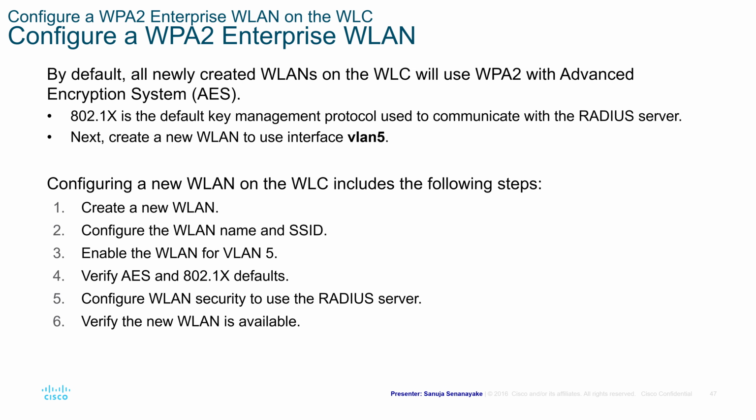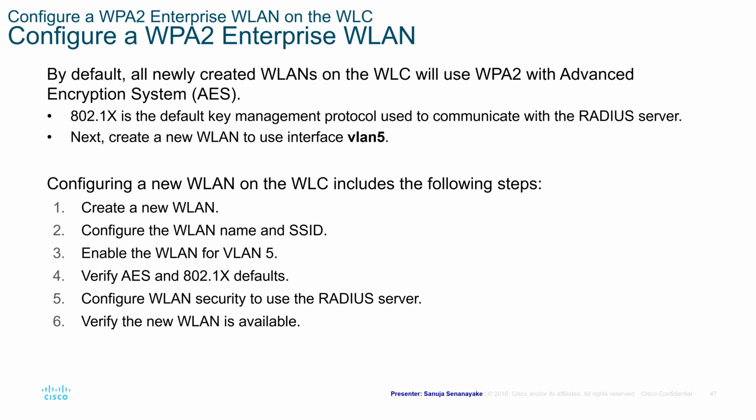Remember, from my previous lecture, I mentioned that the IEEE 802.1x standard is what we're going to use to communicate with the RADIUS server. Next, create a new WLAN to use interface VLAN 5, because that's what we're using in this example. It's not something that you always have to do, it's just what we use in this example, VLAN 5.